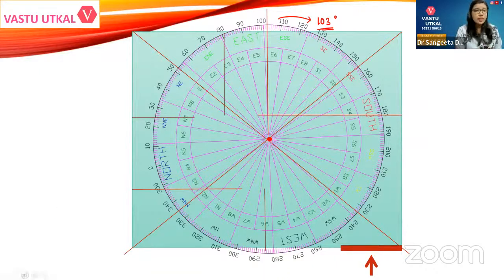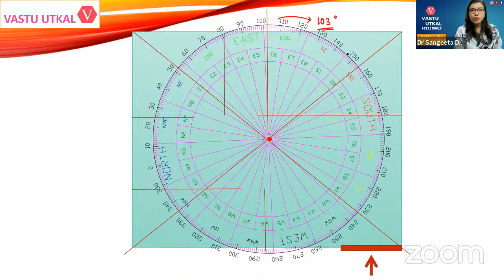So what is the next step that you're supposed to do? You need to figure out your zones. What are your zones? These are your zones. Basically, what you are supposed to do is, instead of drawing straight lines, wait, let me tell you what you can do, because since you're not using a digital chakra, you cannot know it in one go.